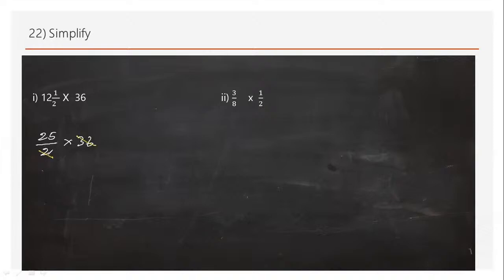Here 36 below the line 2, 36 divided by 2, 18. 18 into 25. 18 multiplied by 25. And here 5 times 8, 40, 4 remainder. 5 times 1, 5, 5 and 4, 9.